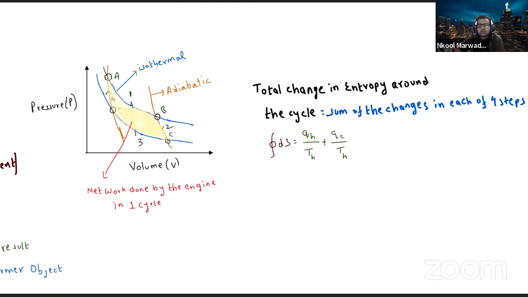Only in the isothermal processes, there is a change in entropy. In the first stroke, heat is supplied by the source to the gas particles, so QH by TH. And in the third stroke, heat is sucked by the sink from the gas particles, so QC by TC, where TC is the temperature of the sink. So this is the total change in entropy for one cycle.